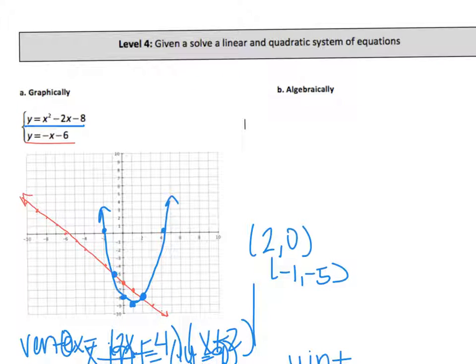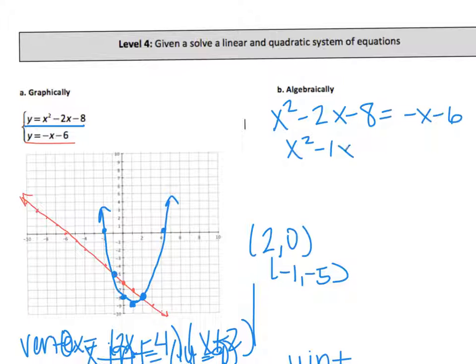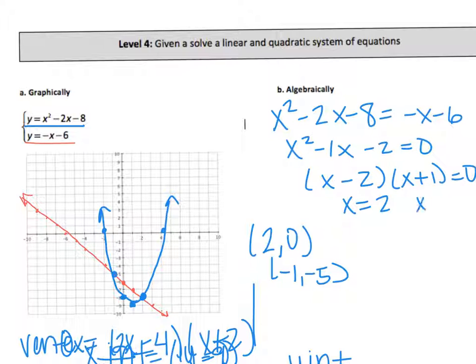Because both of these equal y, I'm going to set them equal to each other. Get everything to one side to equal 0, so you can factor it. Then you can solve for x.